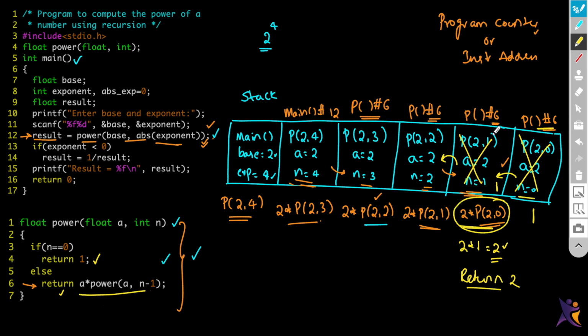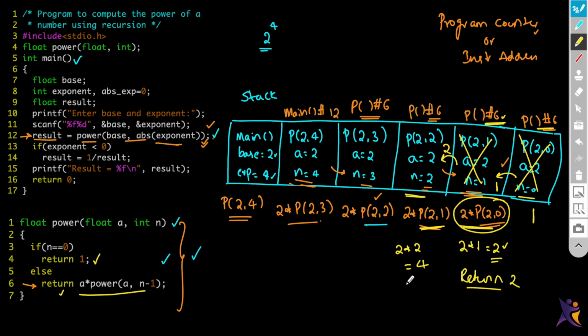Now the control goes to line number 6 of its caller, right? So this returned 2 to its caller, and the control is waiting at line number 6 of this function. In this function, we have got the value of P of 2 comma 1, so it will be substituted here, P of 2 comma 1, which is 2, so the total value is 4.